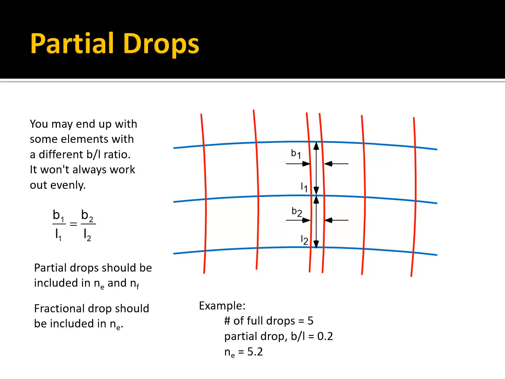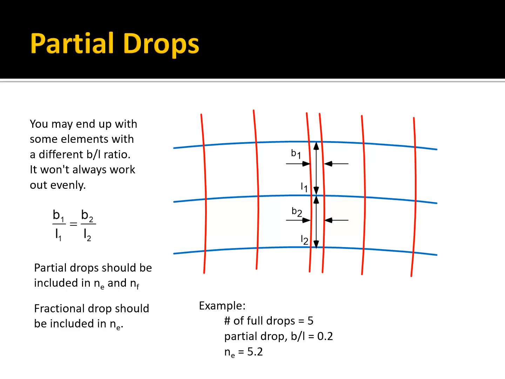Let's say you start out with your flow channels, and then you start making your equipotential drops so that you have equal length to width ratios. It doesn't always come out evenly. Sometimes it does approximately, but sometimes you end up with a partial drop, and there's nothing wrong with that.